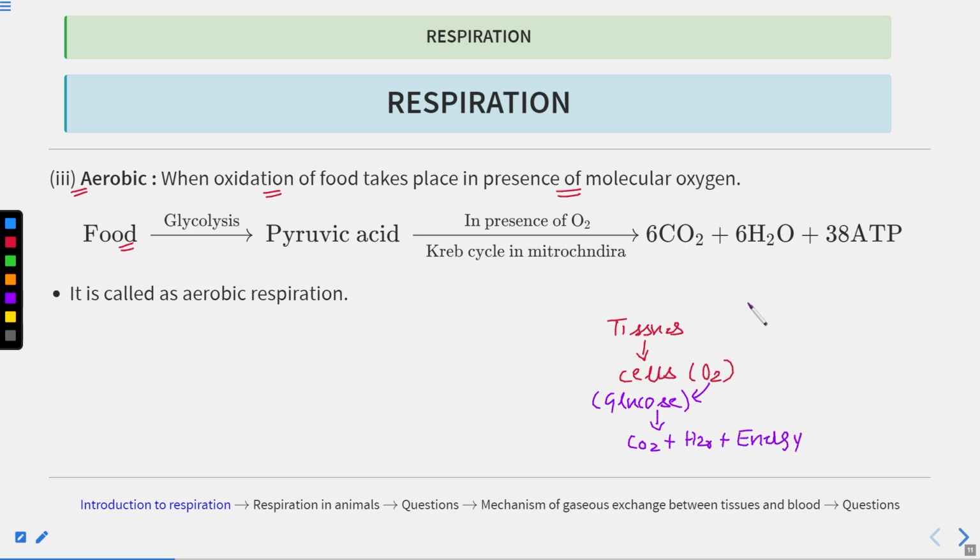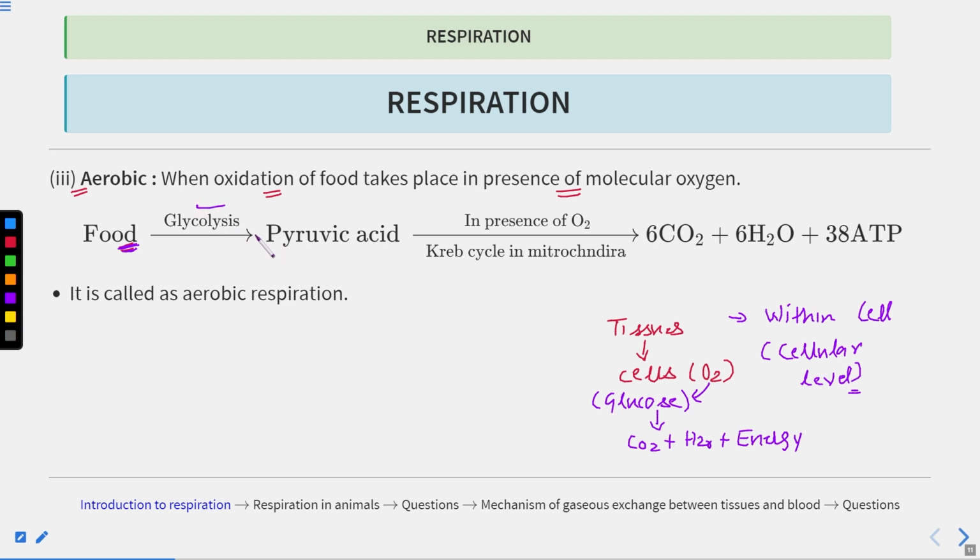So this is happening where? This is happening at the cellular level, or we can say it is happening within the cell. So we can also call it cellular respiration. Okay, so here you can see food is first broken down by the process known as glycolysis.